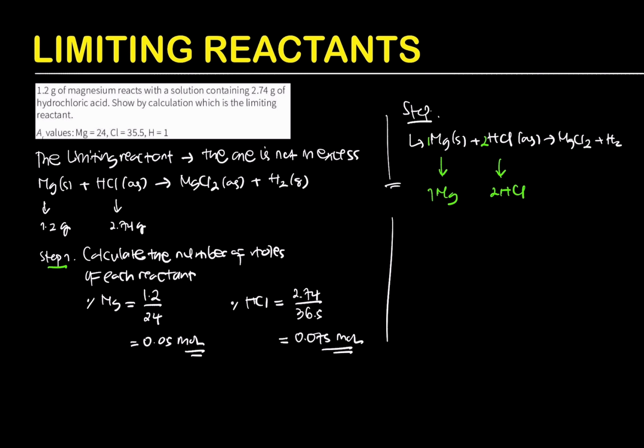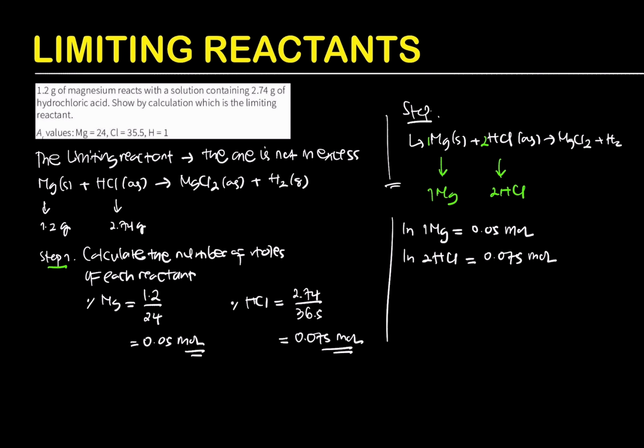So we can find that in 1 Mg, there's 0.05 mole. In 2 HCl, we have 0.075 mole. So then it is not a balanced comparison because it is 1 ratio of Mg to 2 ratio of HCl.